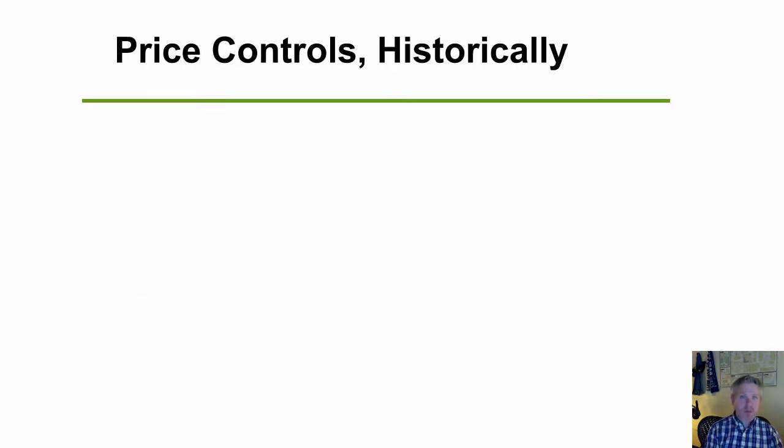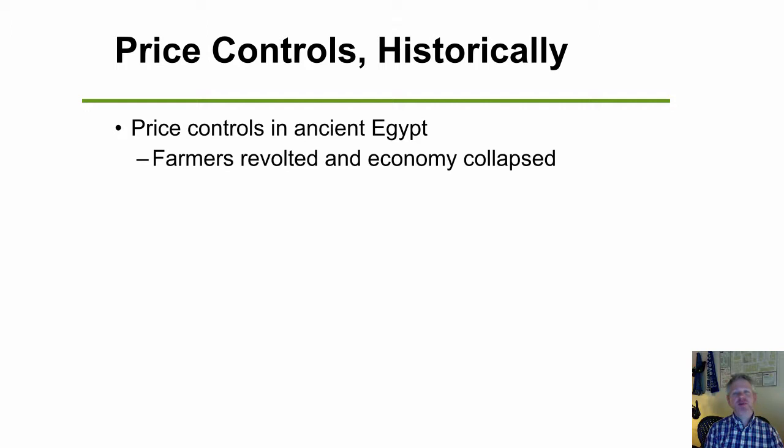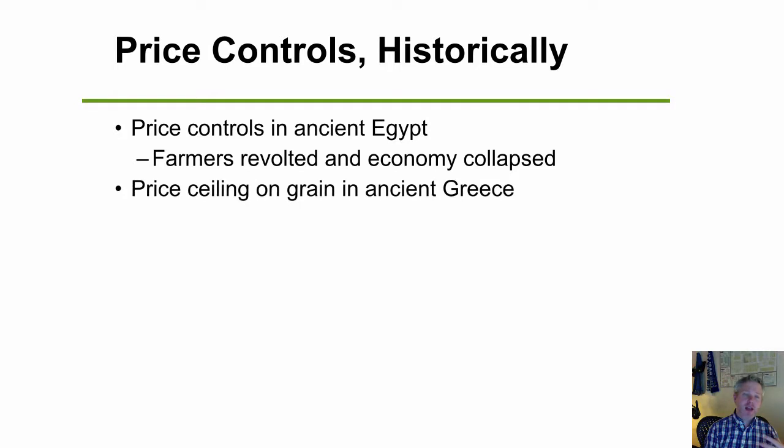Okay. So historically, price controls have not gone so well. In ancient Egypt, farmers revolted when the government tried to set price controls on food. They didn't want to allow food to be more than a certain price. The farmers revolted and the economy collapsed.